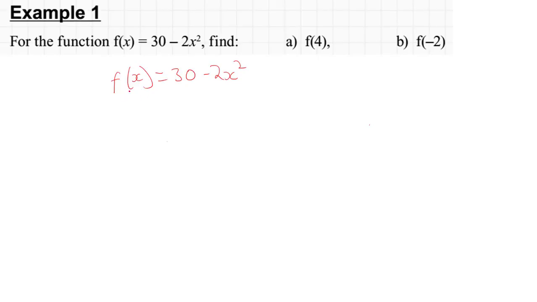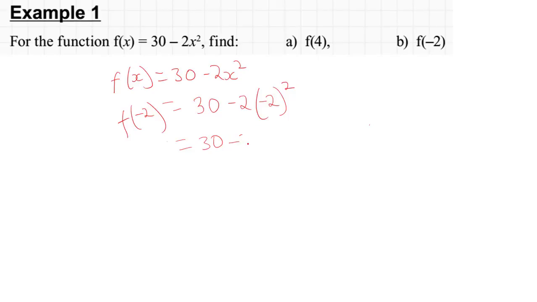You come back to the same function, which is 30 take away 2x squared. All you need to do now is, where x is, you sub in -2. So I've got f of -2 equals 30 minus 2 bracket, we have -2 here, and you're squaring it. The next thing you need to do is the powers, the indices.